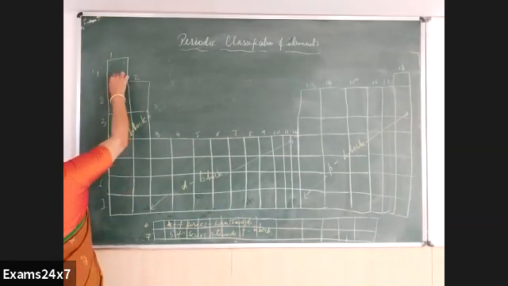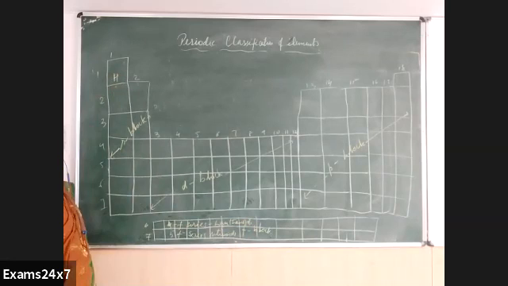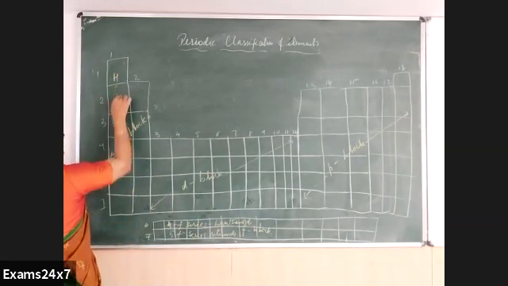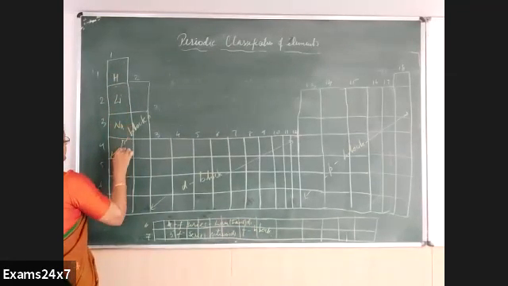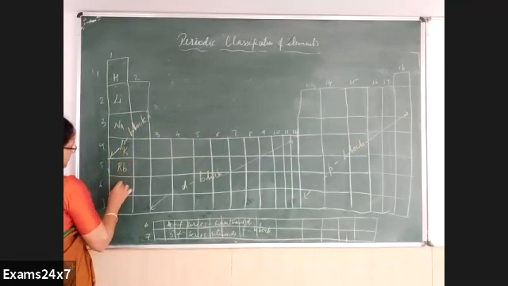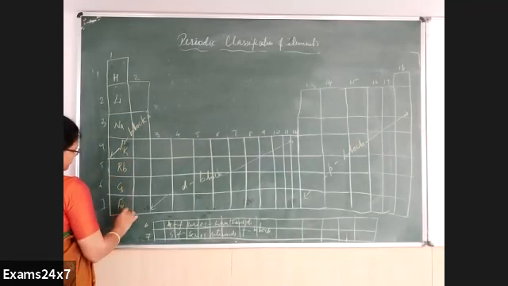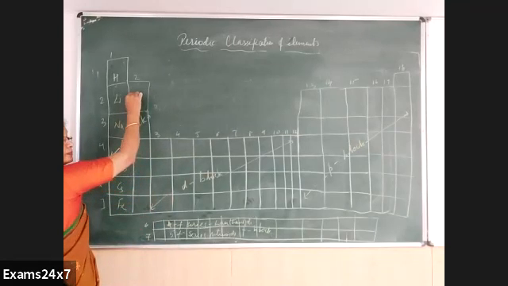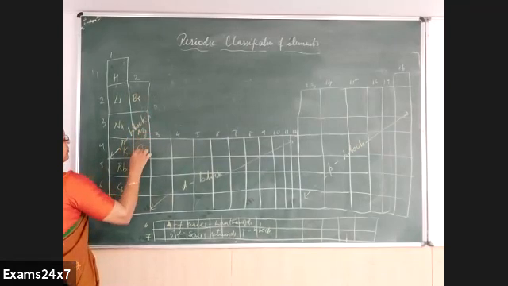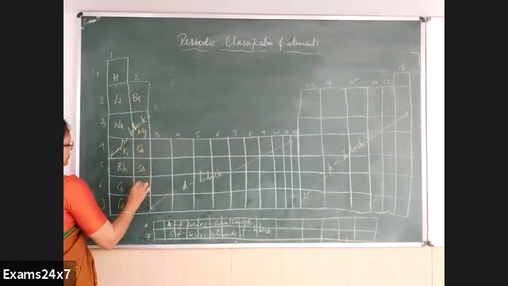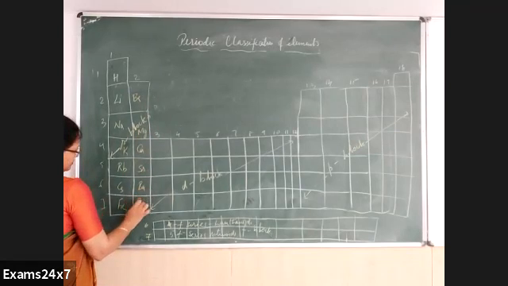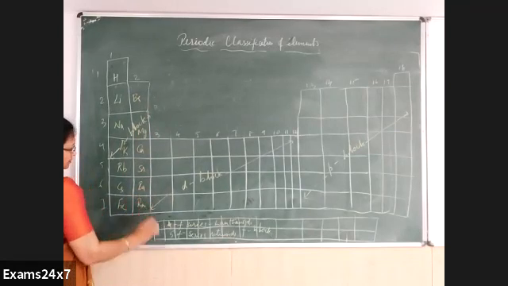Hydrogen, below hydrogen, lithium, sodium, potassium, rubidium, cesium, francium. Here, beryllium, radium.